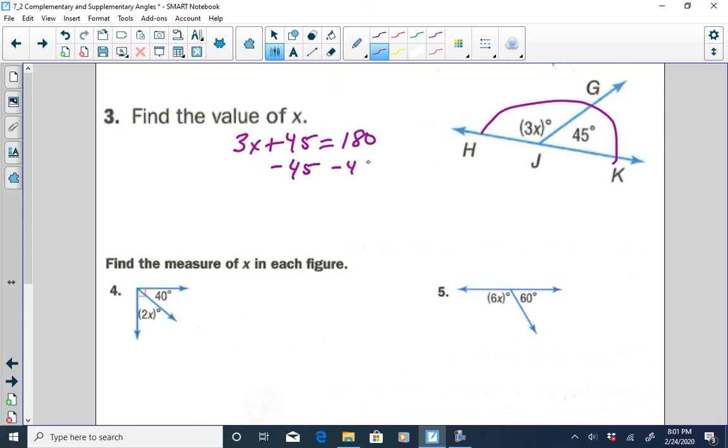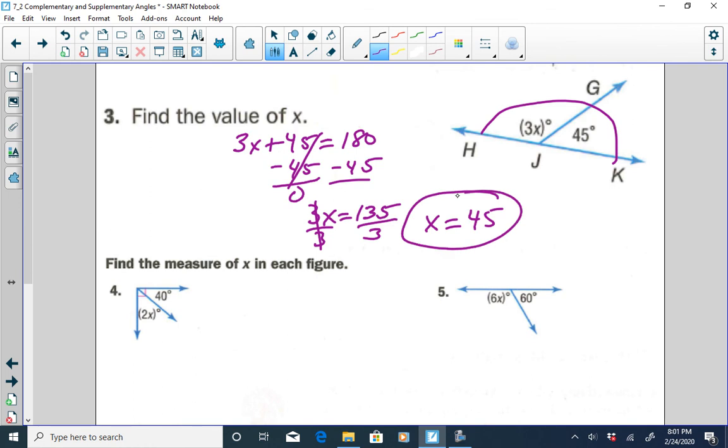Subtract 45, that's 0. 3x is going to be equal to 180 minus 45, which is going to be what, 135, right? 135. That's correct. And then we divide by 3. They cancel. And that's going to be what? X is going to be equal to 45. All right.